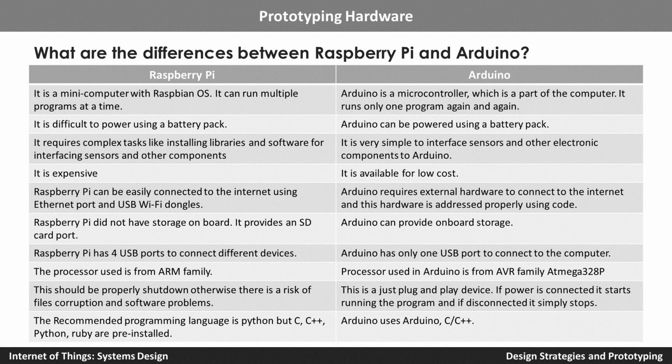For Arduino, it's basically their own language, which is a C variation. So these are the common differences between Raspberry Pi and Arduino. However, depending on which Arduino you use and which Raspberry Pi you use, there could be some other differences as well.